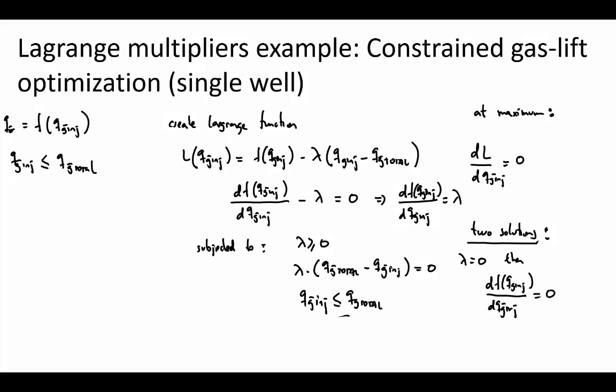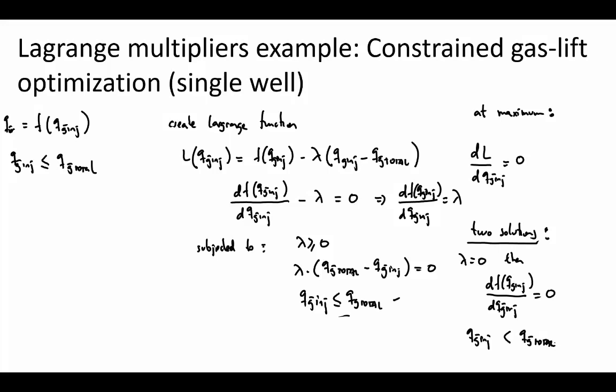That means that the optimum point will be achieved. That means I have enough gas, so the constraint is not active. I'm able to reach the point where the function is actually maximum, and the constraint is no longer important. That means simply that the optimum Q gas injection will be always less than the Q gas total.